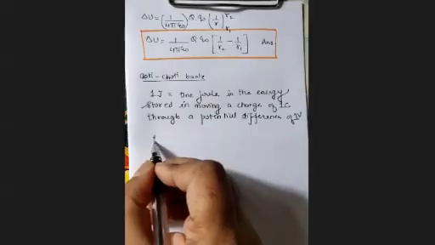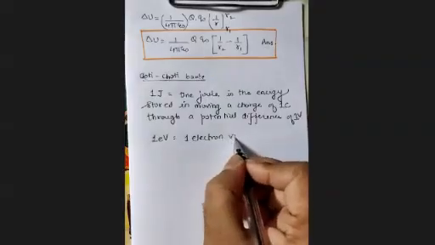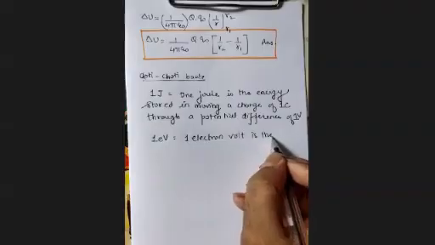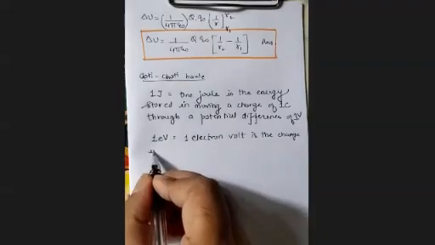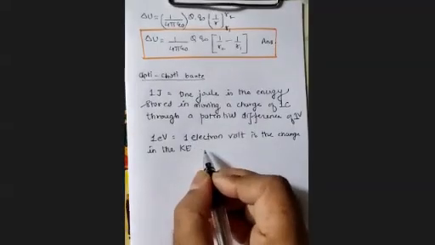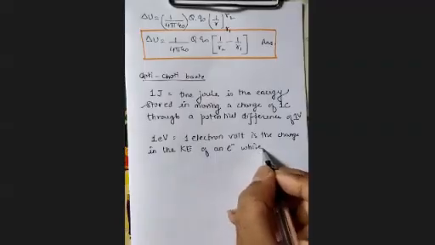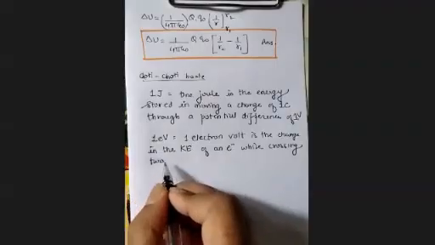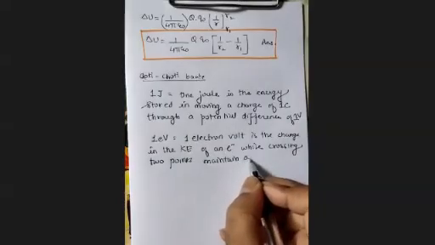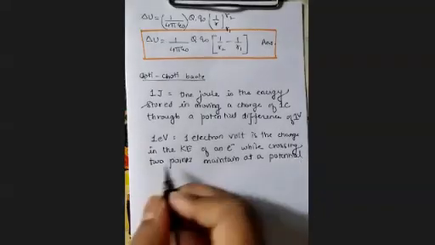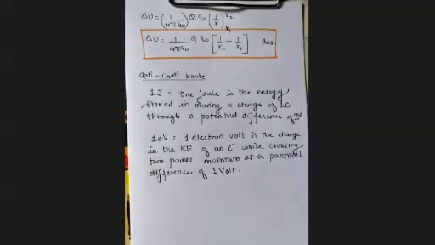The second unit is 1 electron volt. 1 electron volt is the change in the kinetic energy of an electron while crossing two points maintained at a potential difference of 1 volt.